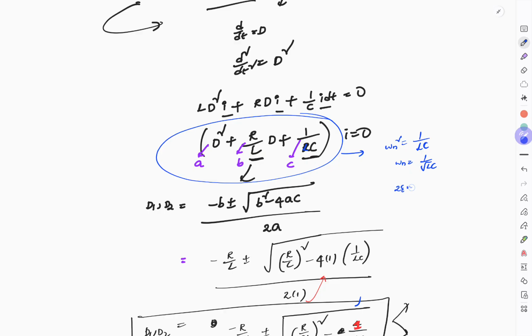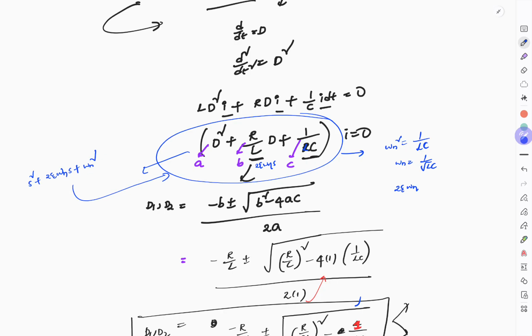Now 2 zeta omega n, this is the 2 zeta omega n factor. Just compare with the second order Laplace transform, s square plus 2 zeta omega n s plus omega n square.